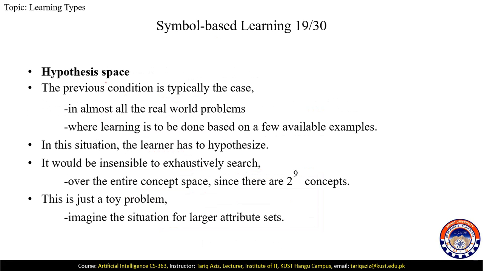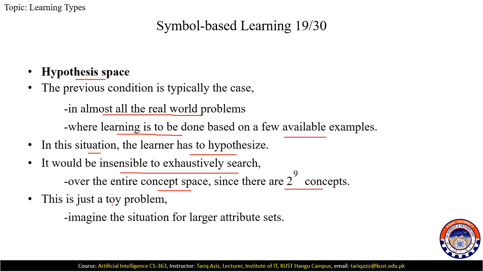Now, dear students, the next thing is the hypothesis space. With respect to the previous discussion, in almost all real-world problems where learning is to be done based on a few available examples, the learner has to hypothesize. It would be insensible to exhaustively search over the entire concept space, since there are 2 raised to the power 9 concepts.